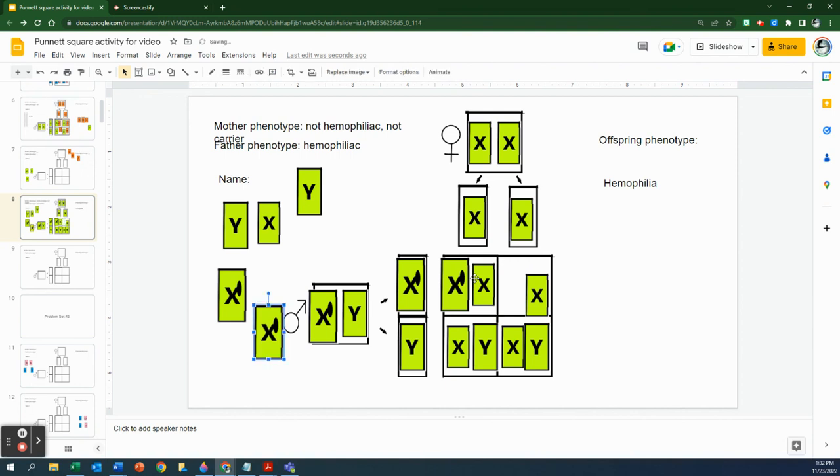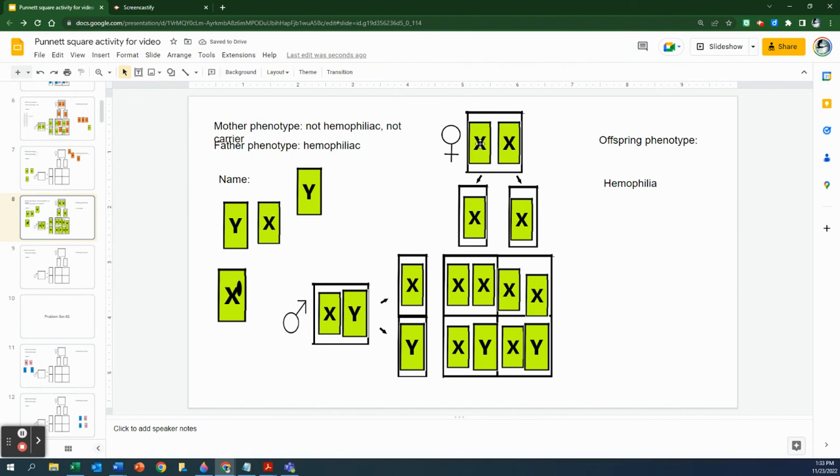So I'm going to undo this here real quick. So this is dad. Dad passes this on to his daughters. I'm going to put this back here for a second. Now, what if one of the carrier daughters has children with a male that is perfectly fine, does not have hemophilia?